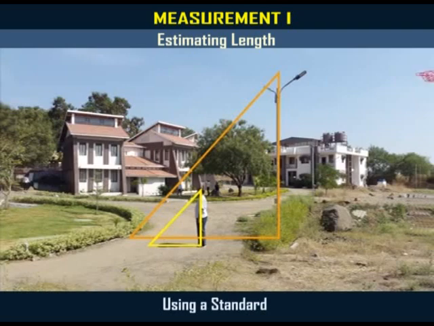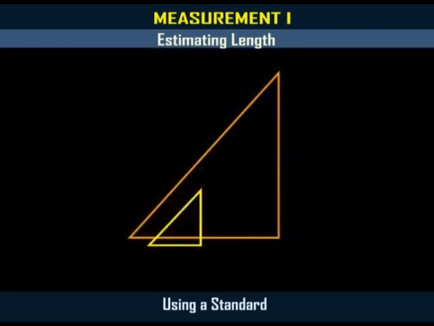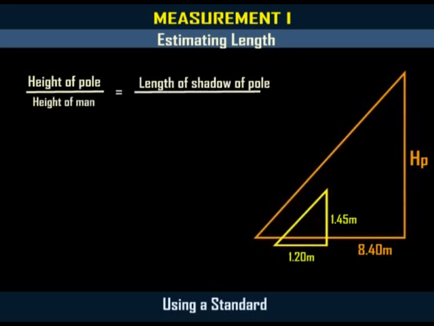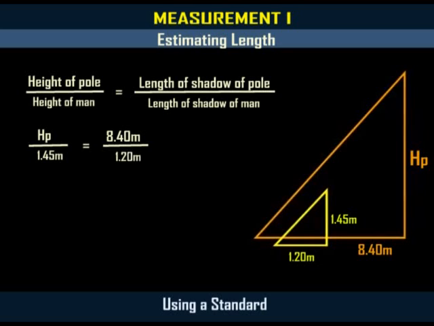We can find the height of the pole using the relationship height of the pole over the height of the man is equal to the length of the pole's shadow over the length of the man's shadow. So height of the pole over 1.45 meters is equal to 8.40 meters over 1.2 meters.